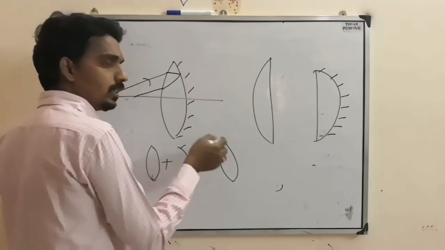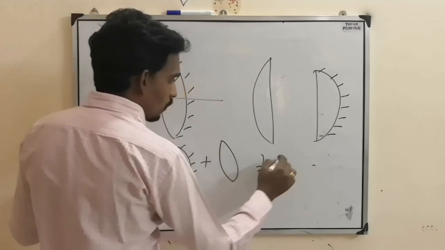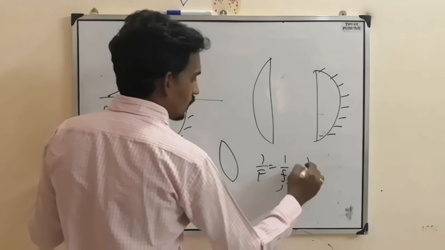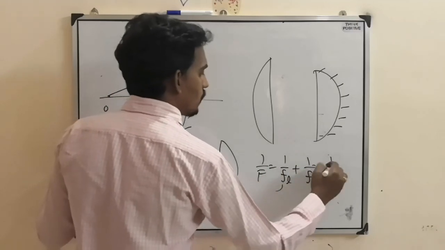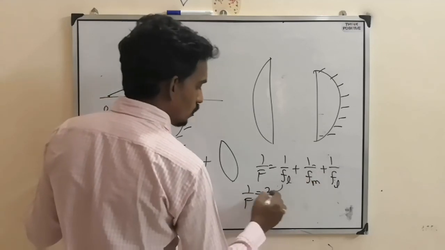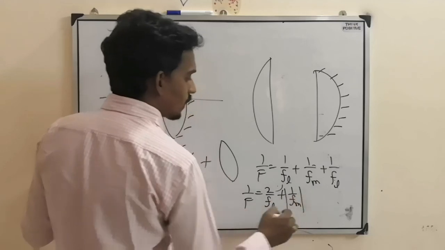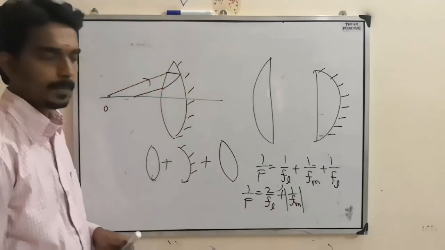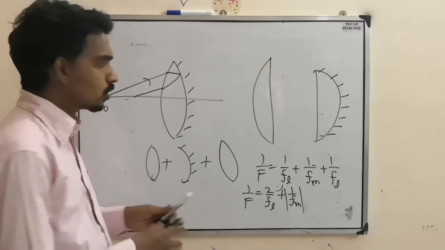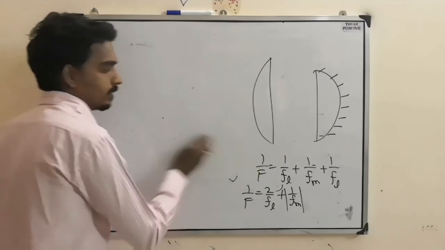Refraction, reflection, refraction. So the resultant focal length will be 1 by focal length of lens plus 1 by focal length of mirror plus 1 by focal length of lens. So 1 by f equals 2 by fl plus 1 by fm, but you have to take magnitude only. This way they can ask you the resultant focal length of a silvered lens.